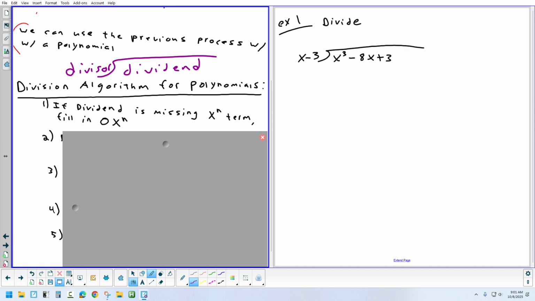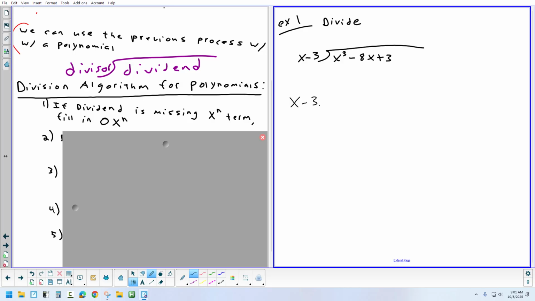So we have to have every power from the highest exponent all the way down to the lowest. So we've got cubed, but are we missing any powers in the dividend? Squared. We're missing the squared term. So we have to fill in a 0 as a placeholder for that.